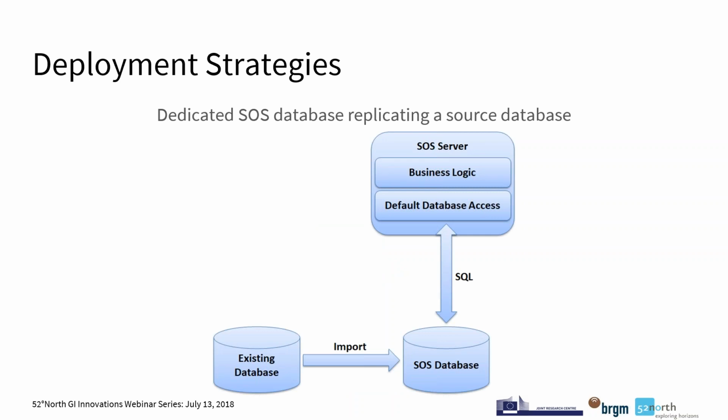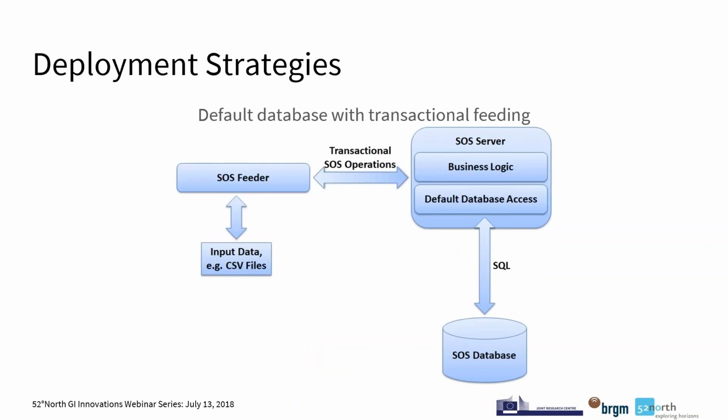Other options are that you use a default database of the SOS implementation and then import the data from an existing database for a publication database, for example, by internal database scripts. That's another typical strategy. Or you may use even feeder applications. So in some cases, we have been dealing with scientific observation data.